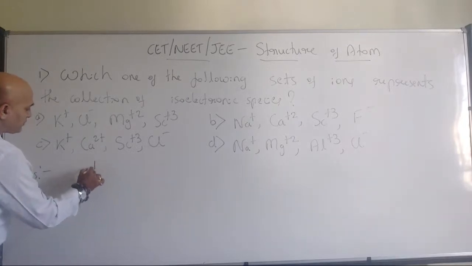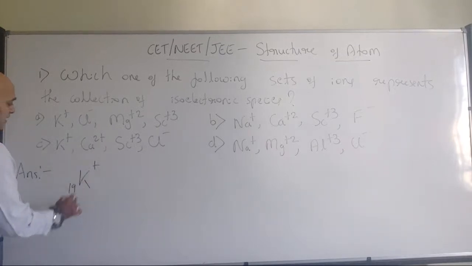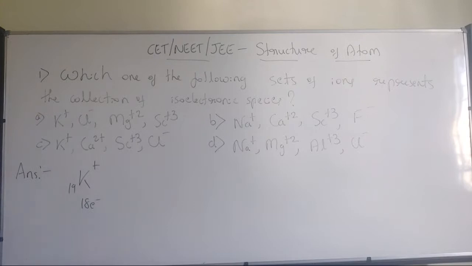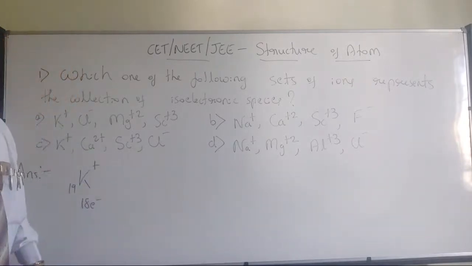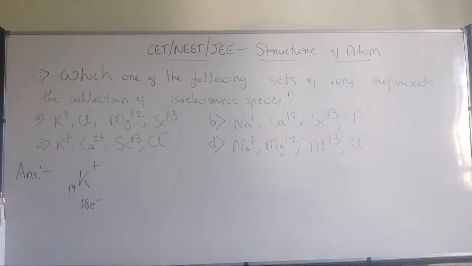Atomic number of potassium is 19. So since I have written K plus, how many electrons are there? 18 electrons are there. Okay. So what about calcium? What is the atomic number of calcium? Any one of you? What is the atomic number of calcium?